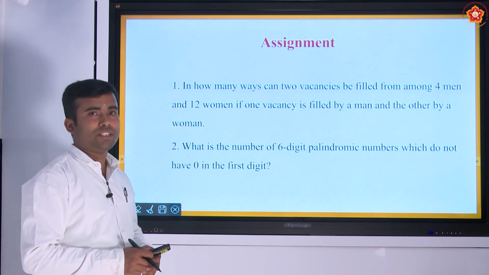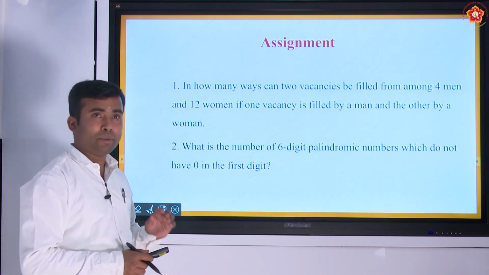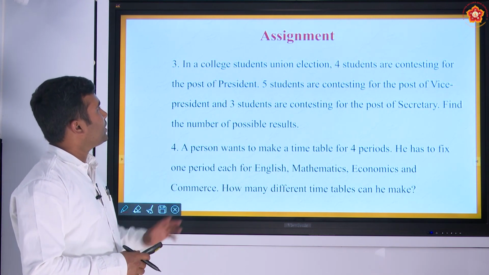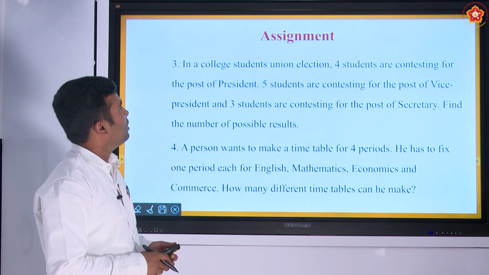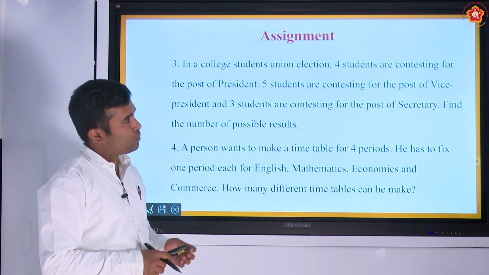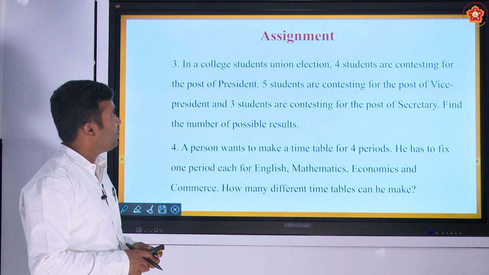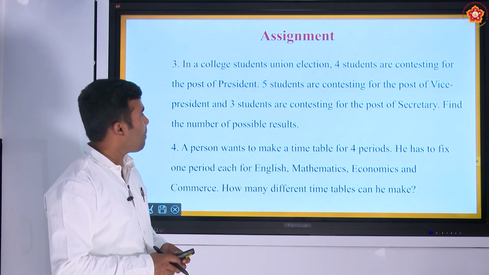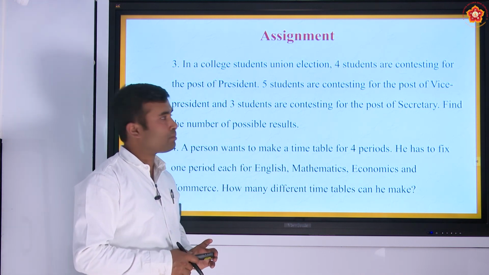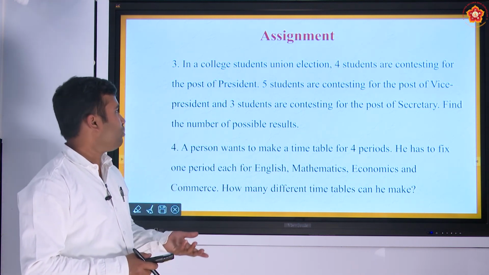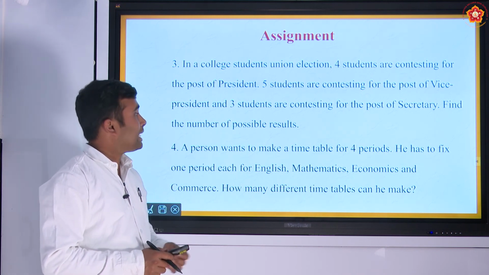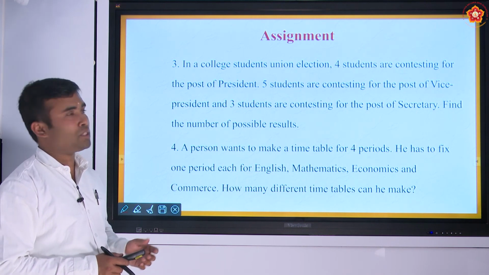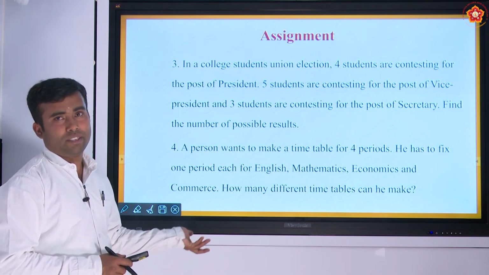Another question: in a college students union election, 4 students are contesting for the post of president, 5 students for vice president, and 3 students for secretary. Then how many possible results? The number of ways the results will be possible is 5 into 4 into 3 ways.